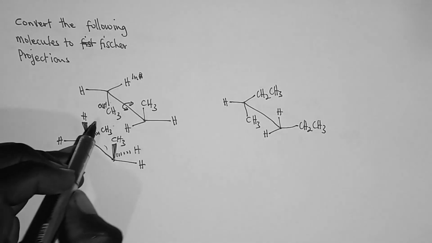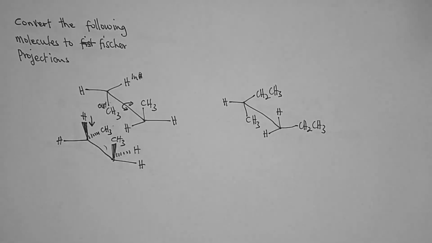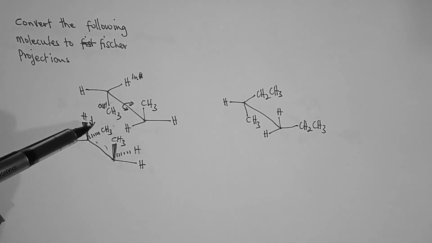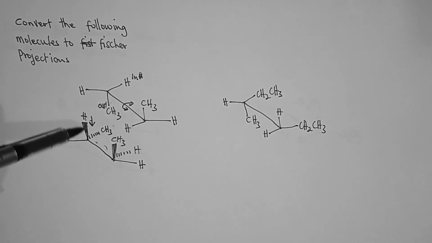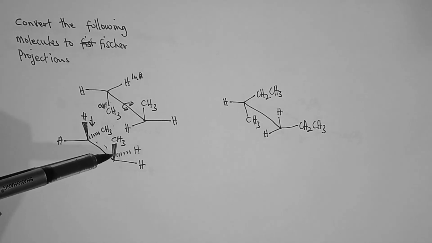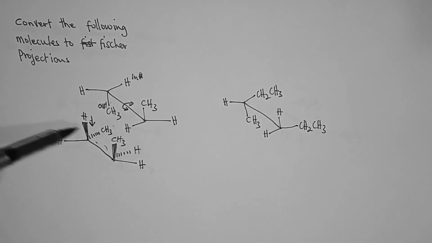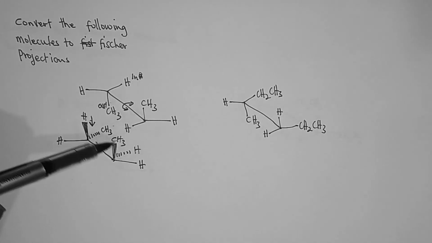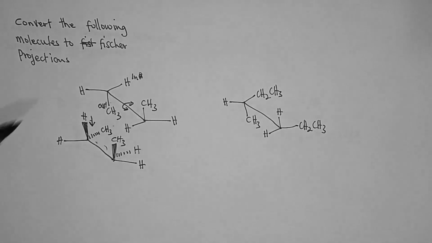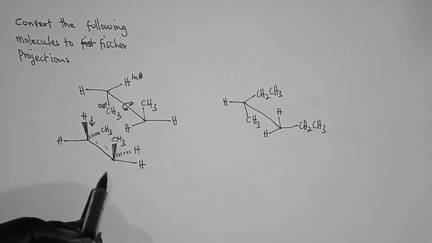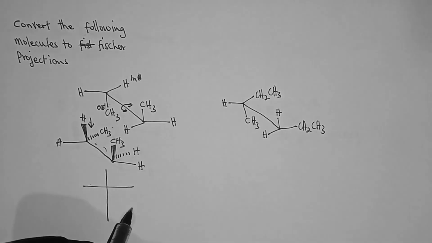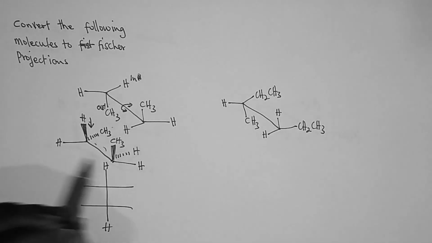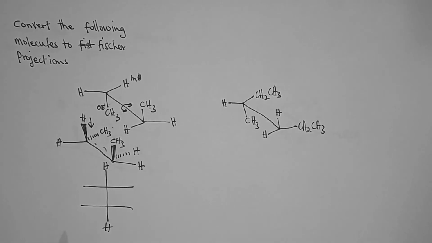And then after we are done, we will put our eyes here. If we put our eyes at the side of the molecule, you see that our right eye will be viewing the bonds that are coming out of the page, and then our left eye will be viewing the bonds that are going into the page. And therefore, let's draw the Fischer projection. So this here is a proton, and this is a proton, because this is in the plane of the molecule.